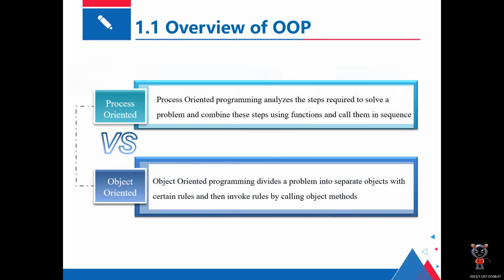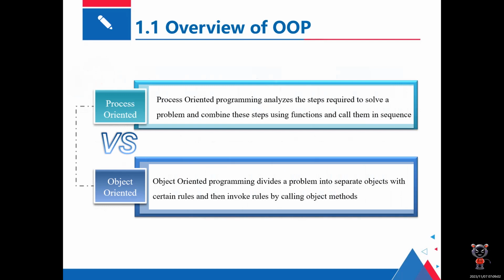So there are two types of programming paradigm. The first one is process-oriented, in which we analyze the steps required to solve a problem. So we combine these steps in the form of functions or methods and then call these steps in sequence to solve a problem.